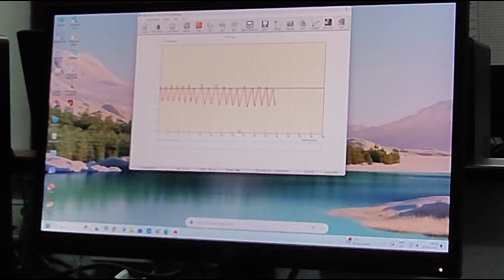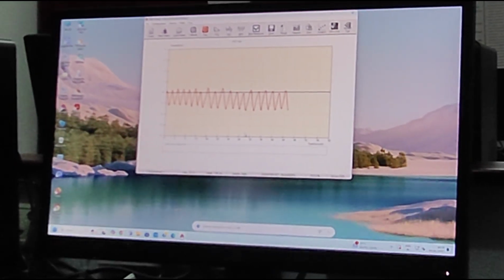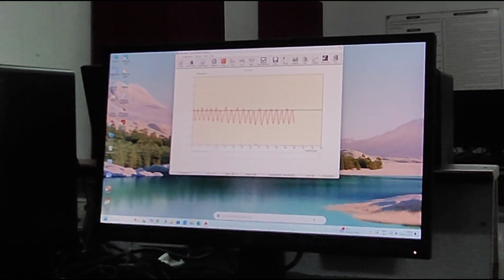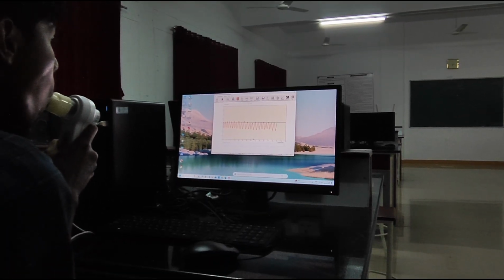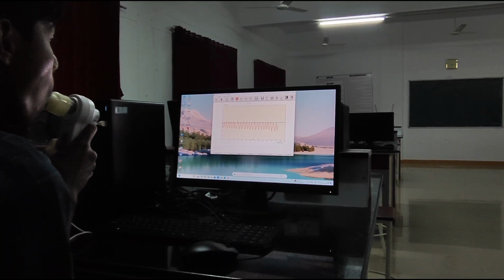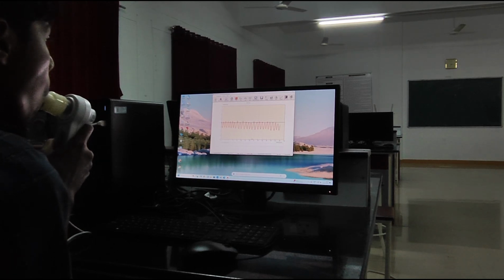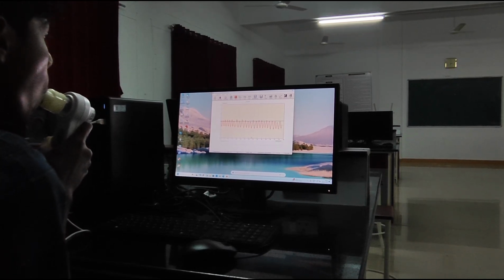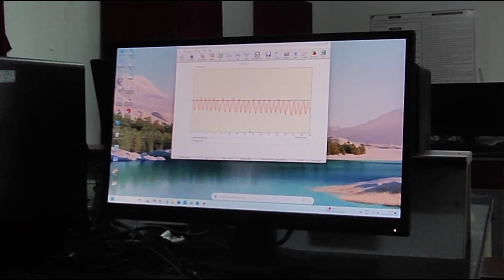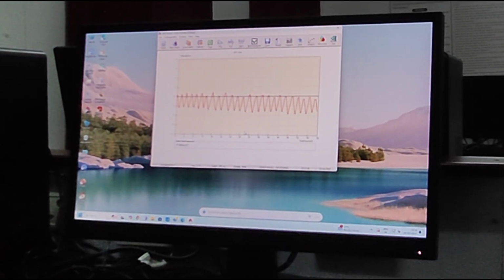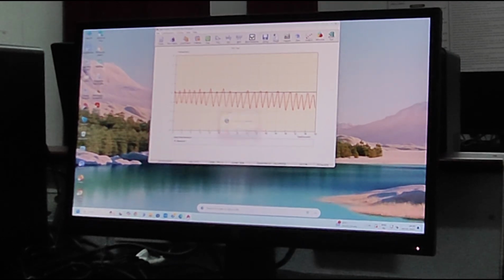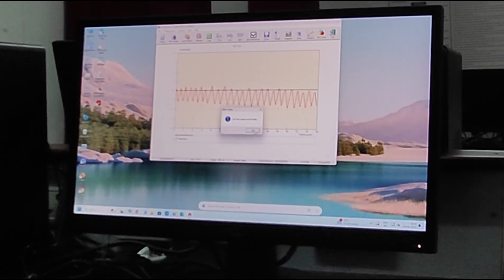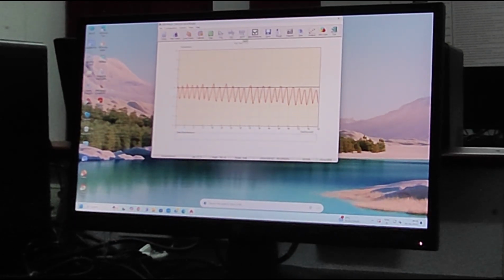In this test, we get the slow vital capacity. The SVC test is used for analyzing the lung capacity. Once the test time period is completed, the save button is enabled, and the data will be saved.